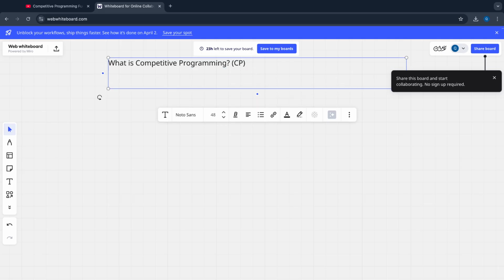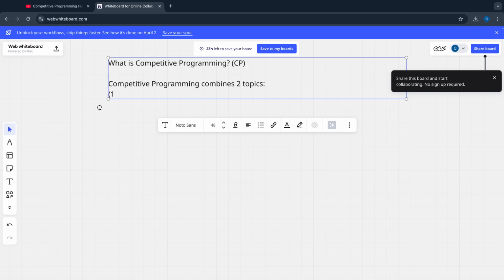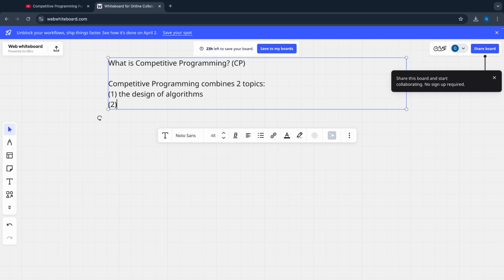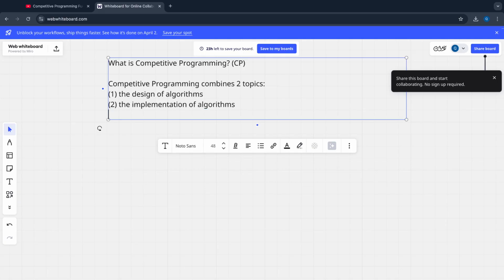So according to the CP handbook, competitive programming combines two topics. The first one is the design of algorithms, and the second one is the implementation of algorithms.